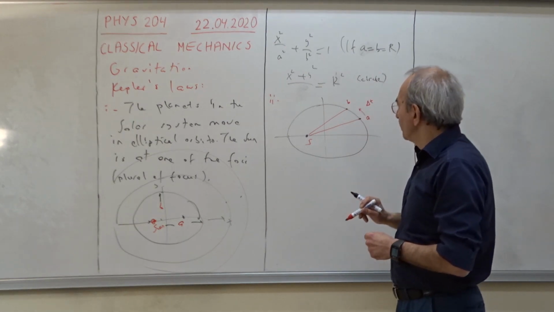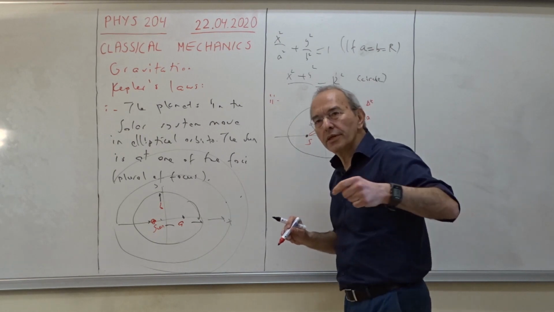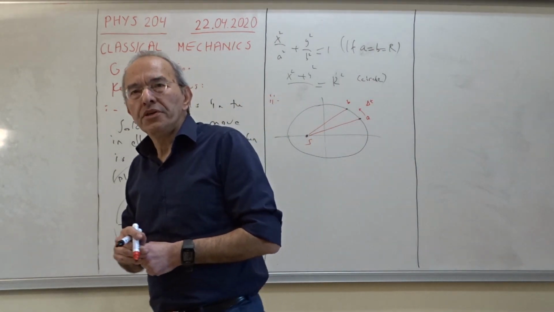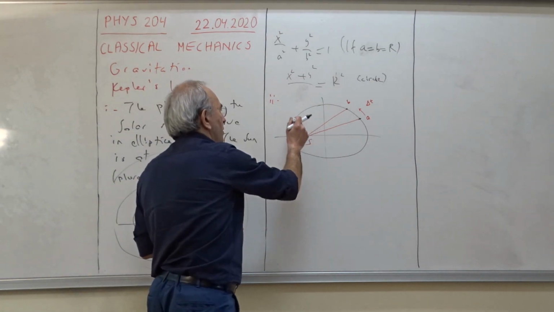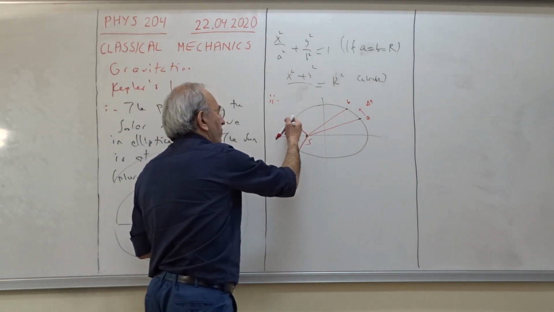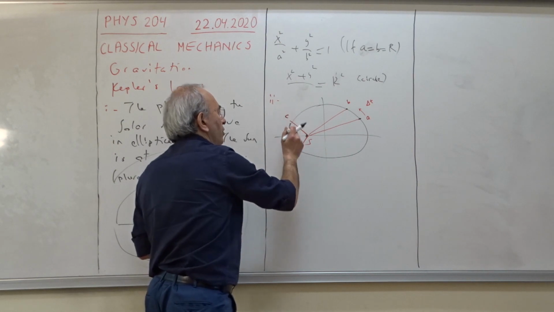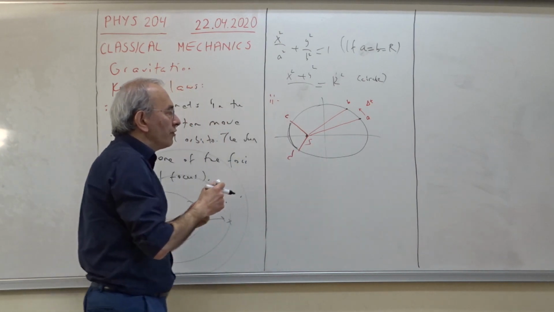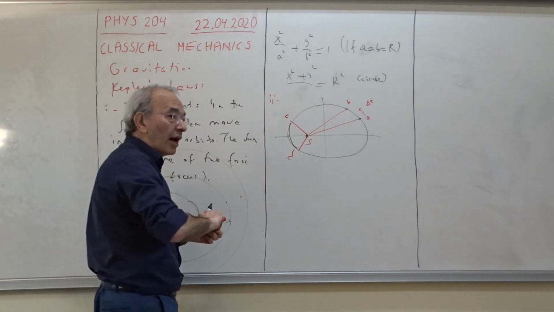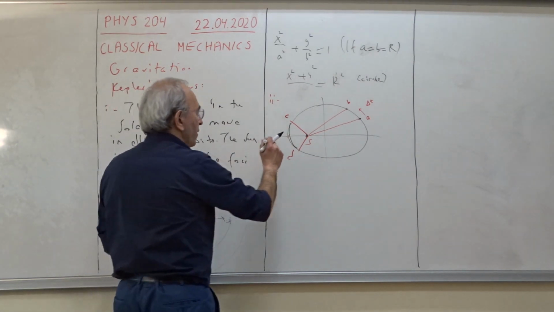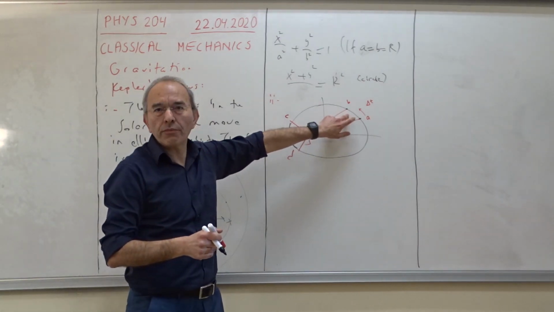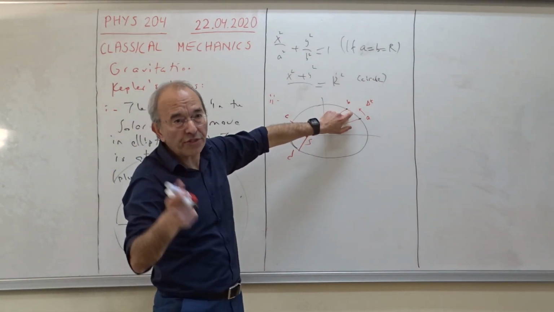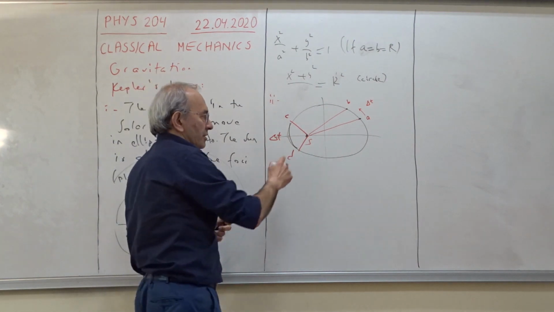On the other hand, in a different part of the year, for example, this may be the movement from point C to point D. So if you compare them, if these time intervals are the same, so this time is also delta t, maybe 1 month to come from A to B, and 1 month to come from C to D, for example.